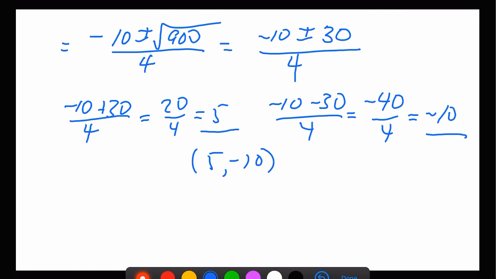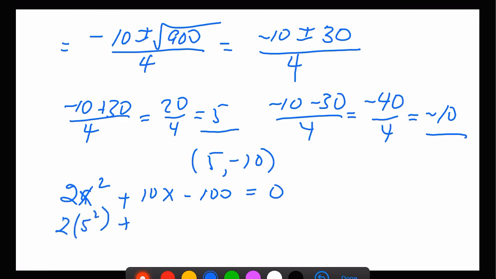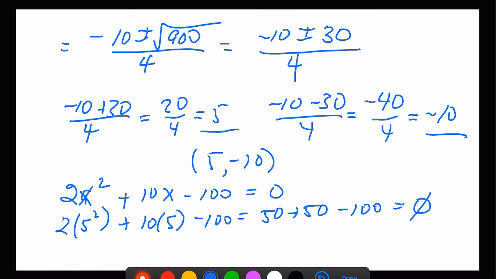And how do we know that? Well, 2x squared plus 10x minus 100 equals 0. So 2 times 5 squared plus 10 times 5 minus 100 equals 50 plus 50 minus 100, in fact, equals 0.